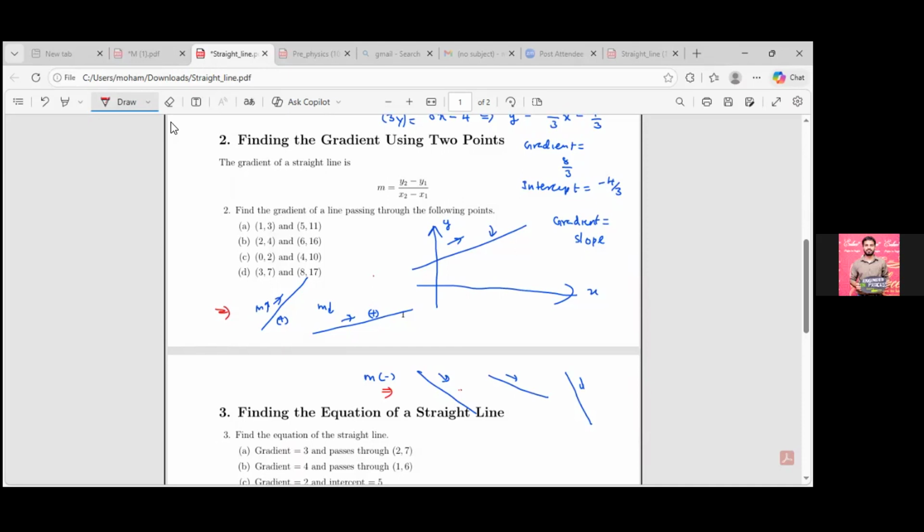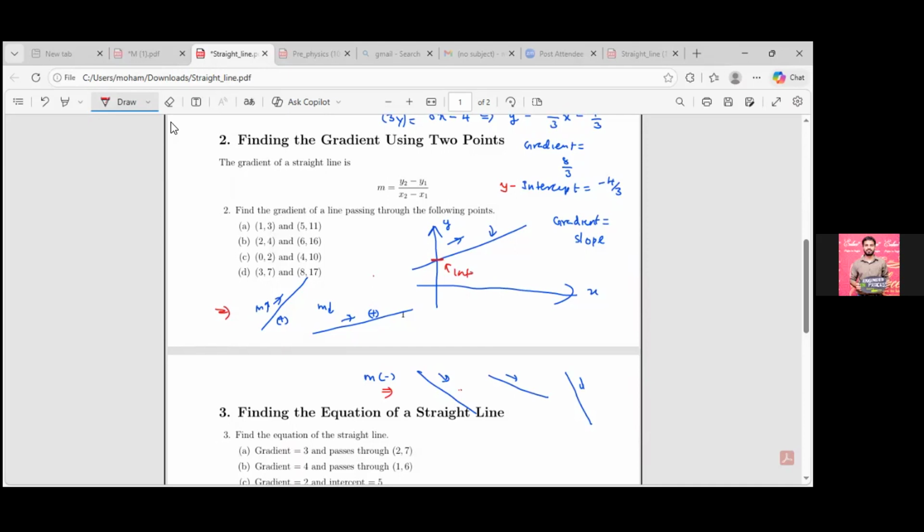Another one is about the intercept. The intercept is the y value, or we actually have to say y-intercept. Though we just take it as intercept, it's actually the y-intercept. Y-intercept means the point where the straight line intersects the y-axis.